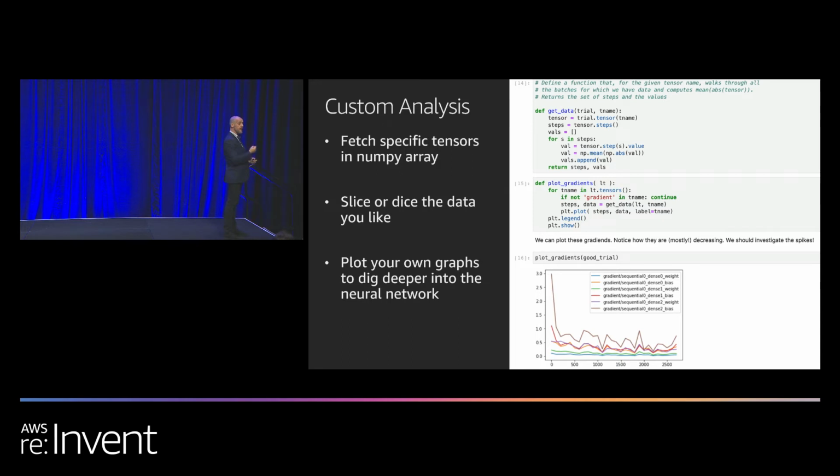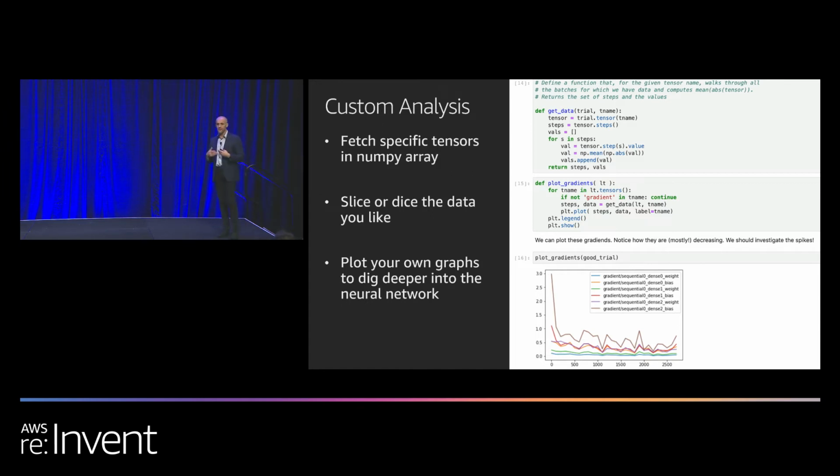I can obtain this data, and I obtain it as a NumPy array, and I can do things like plotting the average of these gradients. If you look at the top right corner, I take a tensor, which is the output of a layer in this case, or a gradient actually, and I say, hey, for every step where you save the data, take the tensor, the multidimensional representation of the gradient, take the mean, and just print it.